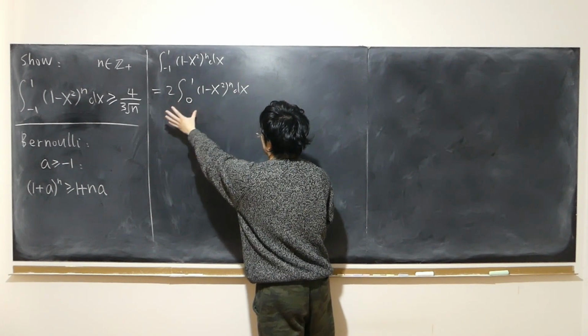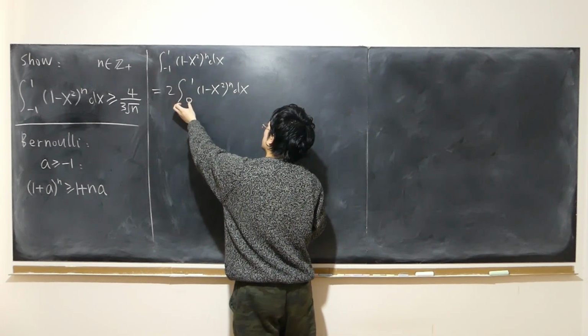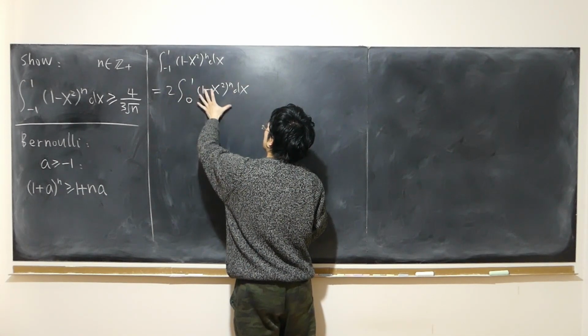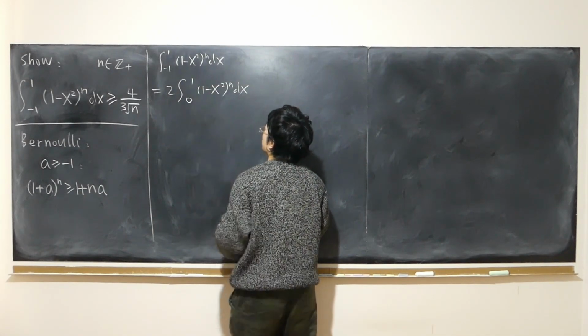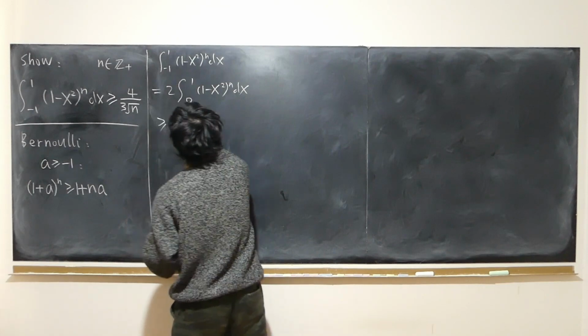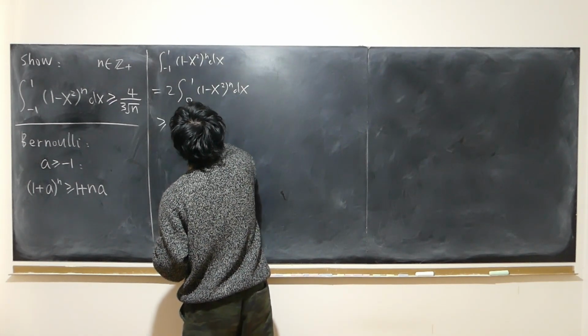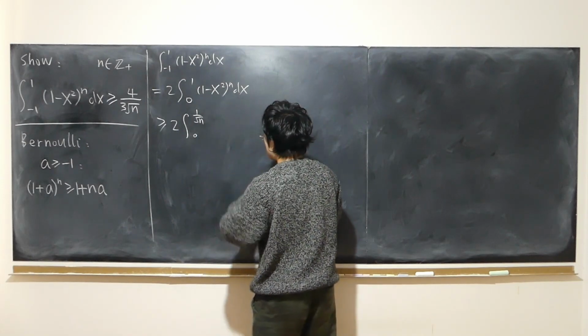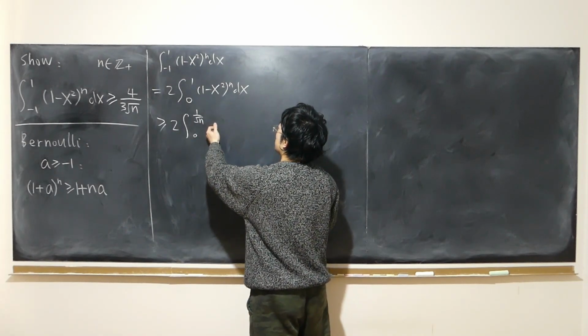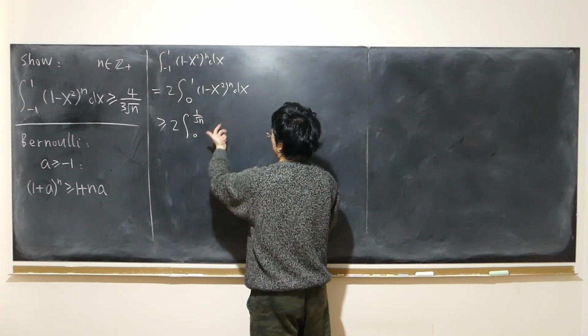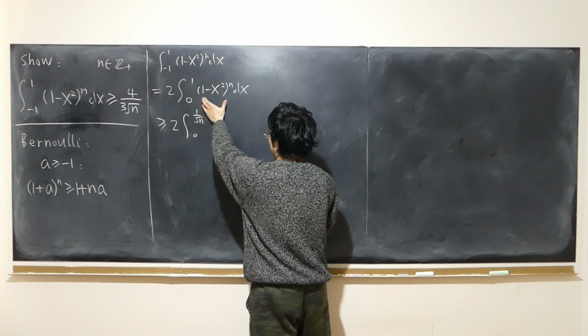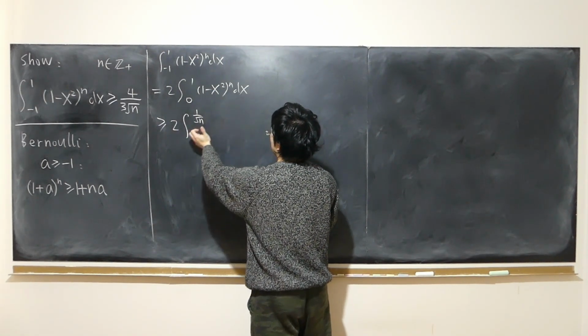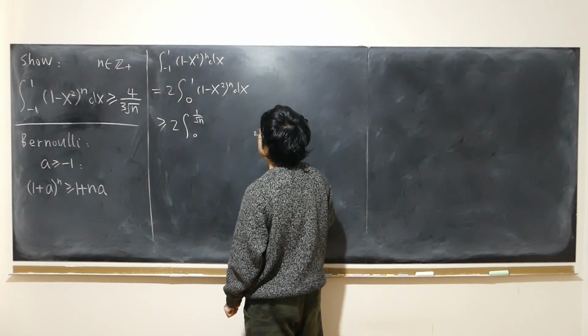Therefore, if we shorten the interval, the overall integral will be reduced. So it is bigger than or equal to twice the integral from 0 to 1 over square root of n. We're safe to do so because the integrand is non-negative. If the integrand changes sign, then we're not safe to do so.